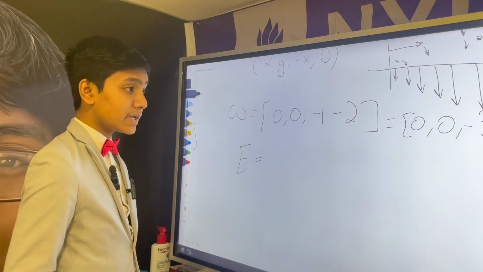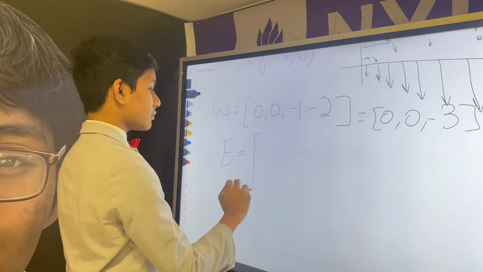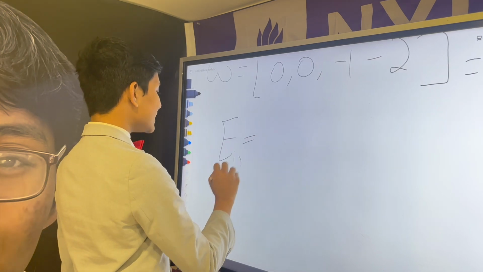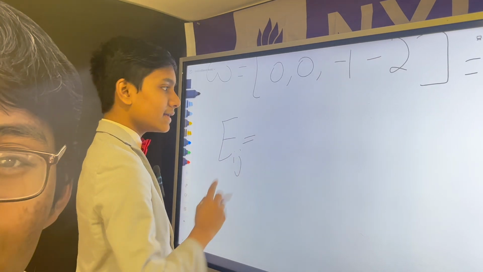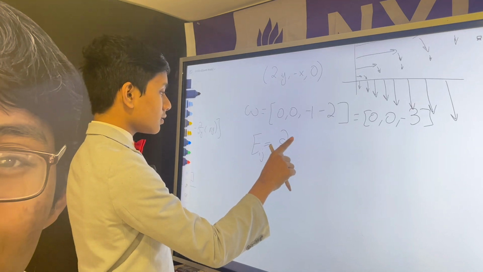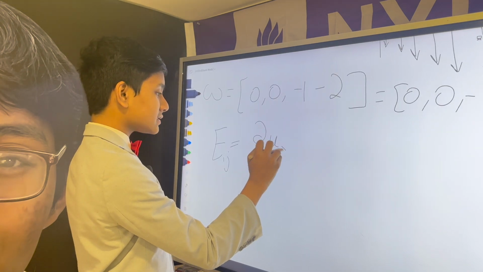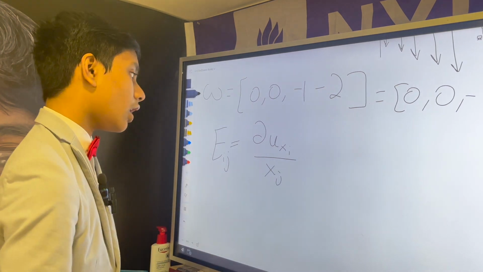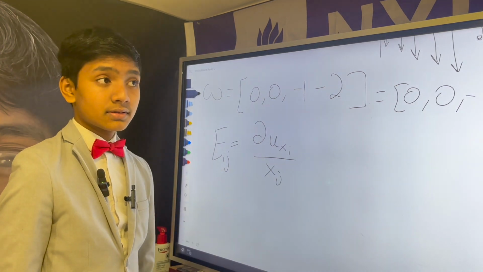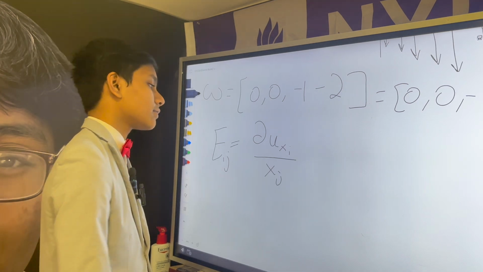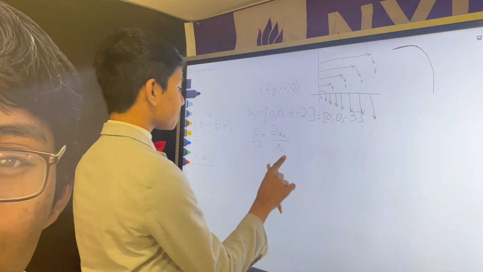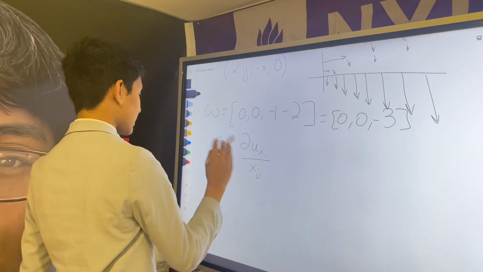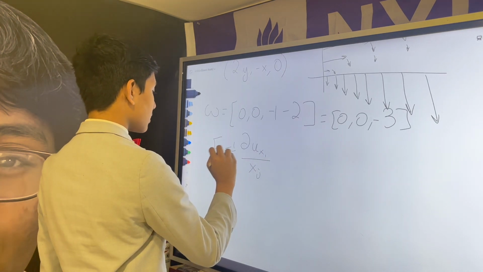Now the distortion matrix is just going to be, well, entry ij of the distortion matrix is equal to partial u_i over partial x_j. That's the definition of the gradient of a vector. So this is going to be 0. Wait, no. This is the definition for the gradient of a vector.